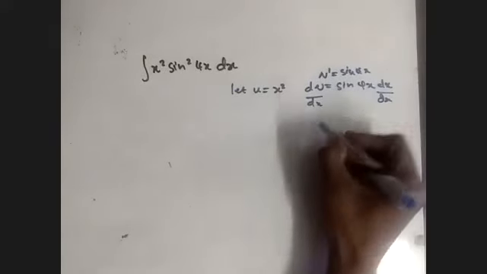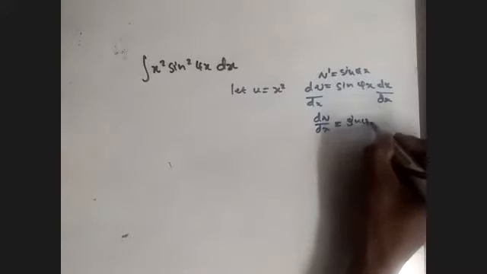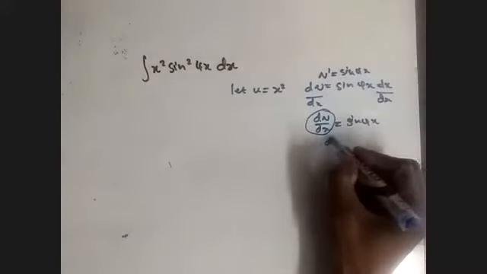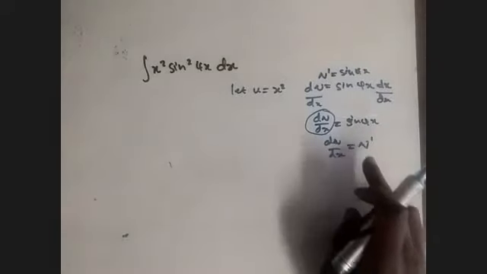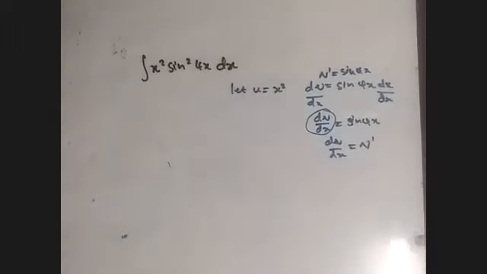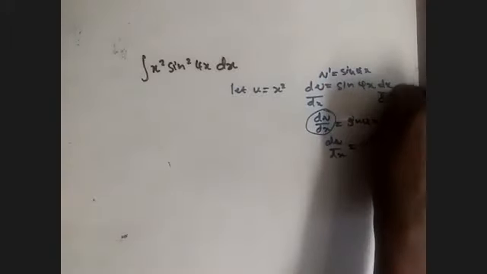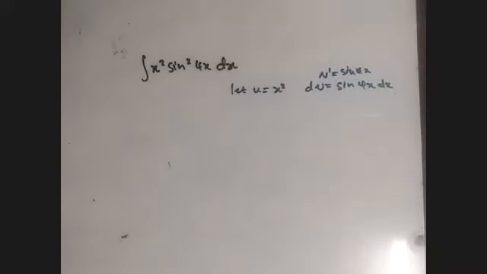Let's divide both sides by dx. dv/dx is equal to sine 4x, and dv/dx is equal to v prime. So as you can see, that's why I'm saying the v prime is just sine 4x. I didn't want to write this because I believe that since I've been doing this thing of differentiation, you understand. So let us continue.